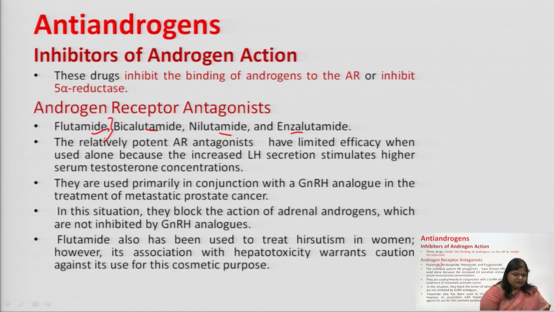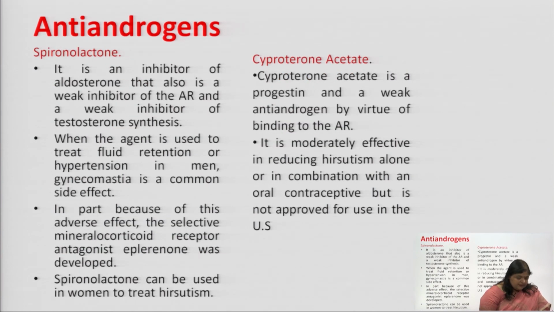So, they block the action of adrenal androgens which are not inhibited by the gonadotropin releasing hormone. Then there are certain antiandrogens like spironolactone, which is an inhibitor of aldosterone and also a weak inhibitor of the androgenic receptor. They are also used as antiandrogens.